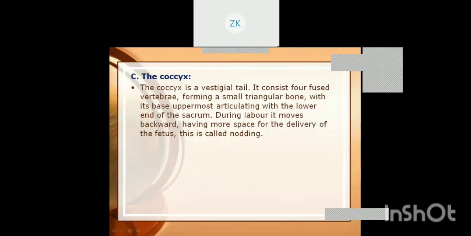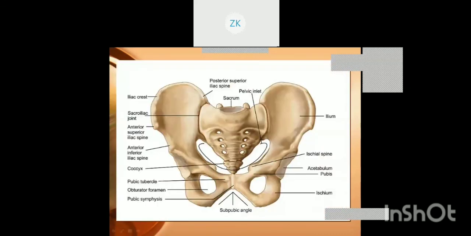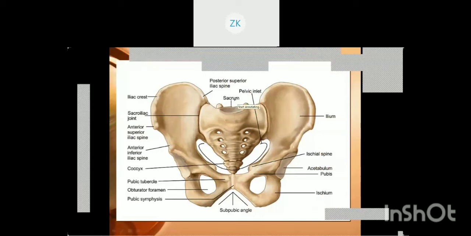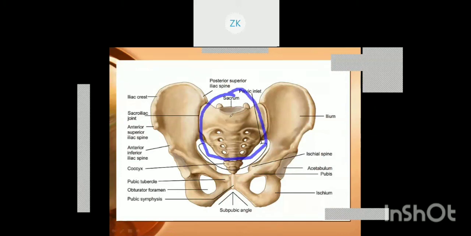You can see here, this is the sacrum. Here you will find the sacral promontory, and this area is the ala or the wings of the sacrum. You will find it here.